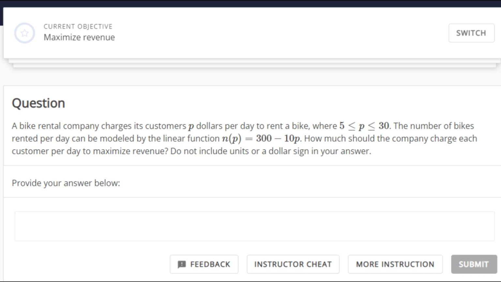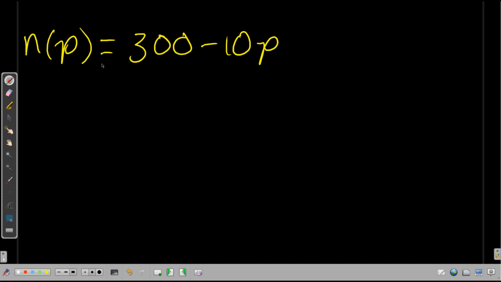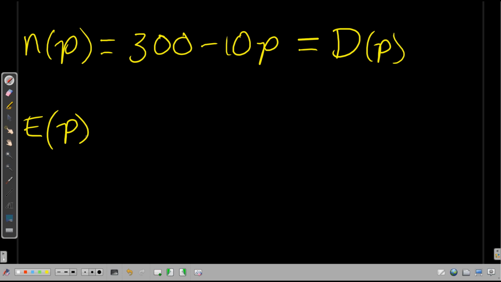Oh, well, we have a couple of ways of doing this problem, don't we? Because on the one hand, we recognize that this n of p function is just a d of p. And so we know that wherever the elasticity is 1, this will be where the revenue is maximized.